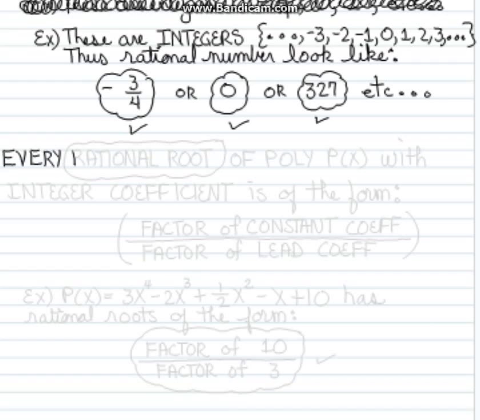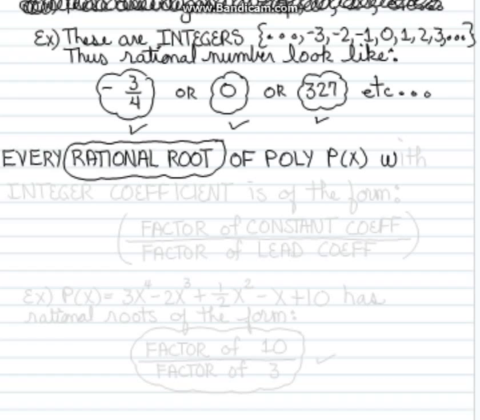So here we see that every rational root of a polynomial, so what's that? That's a root that can be written as an integer over a non-zero integer. All right, so any rational root of a polynomial p of x, where the polynomial has integer coefficients. In other words, no fraction or decimal coefficients going on here, no imaginary coefficients, just integer coefficients. Okay, we're going too fast.